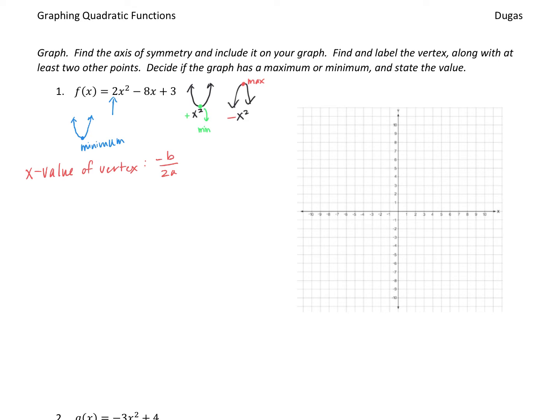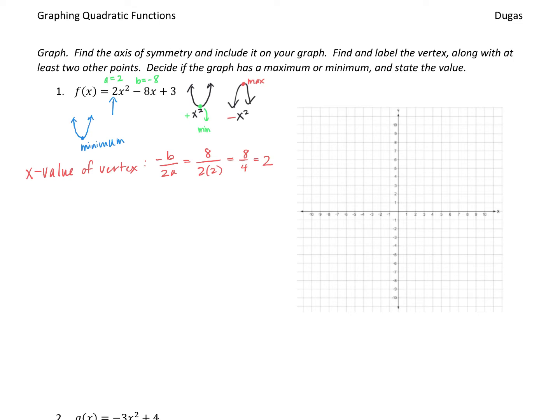So in our example, a is 2, and b is negative 8. So I will have a negative 8, so that's going to be a positive 8, over 2 times a, which is 2. So that's 8 divided by 4, which is 2. So the x value of the vertex is 2.